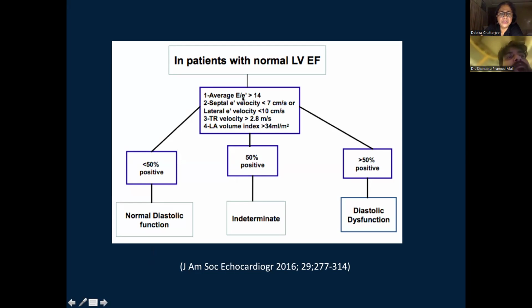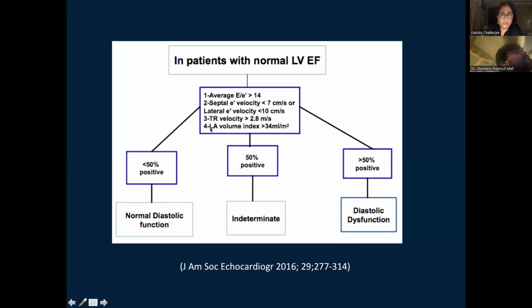One is the average E by E prime, which I have already described. Second is the septal E prime velocity, if it is less than 7 centimeter per second, or lateral E prime velocity less than 10 centimeter per second. Number 3, TR jet velocity more than 2.8 meter per second. Number 4, LA volume index more than 34 ml per square meter.